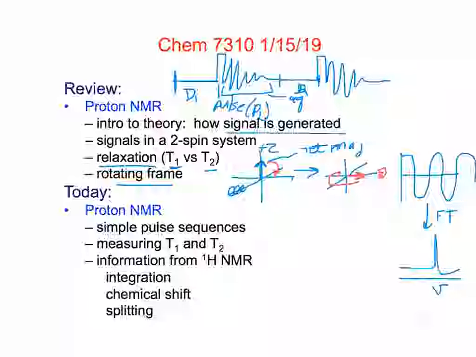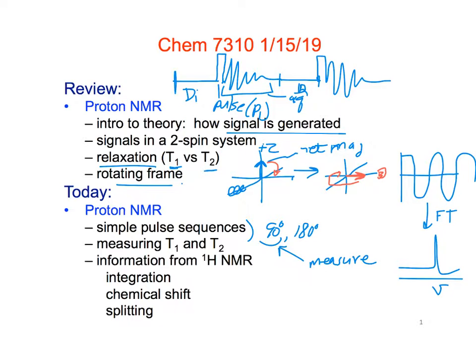So what we're going to start out by doing today is look at some other simple pulse sequences. We did talk about that we could also have a 90 degree, or a 180 degree pulse. We could have anything in between. What we're going to do first is talk about how we would actually measure the 90 degree pulse width on the spectrometer, because that's a value.